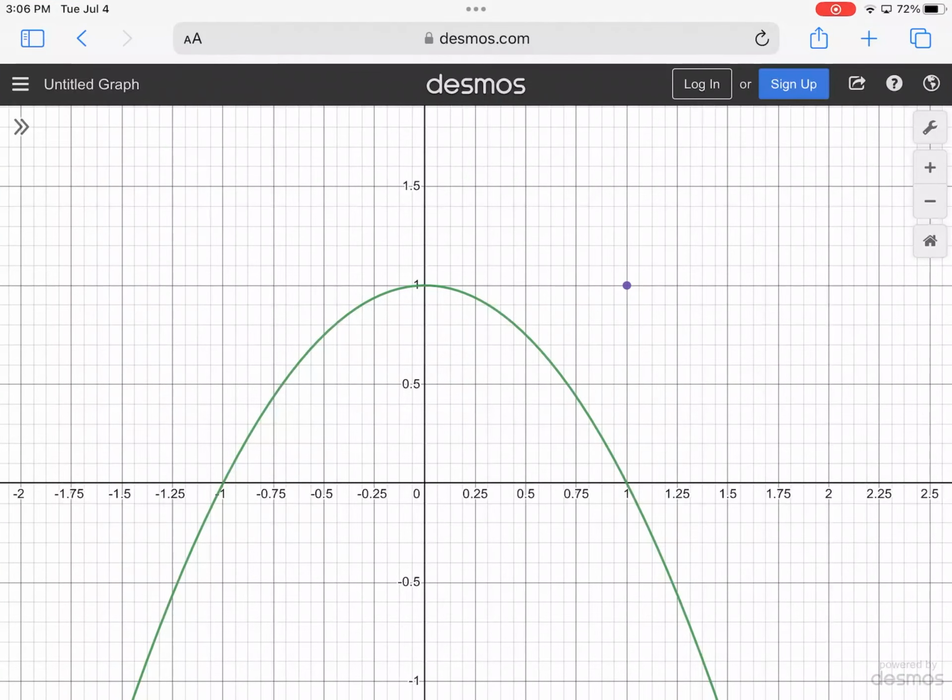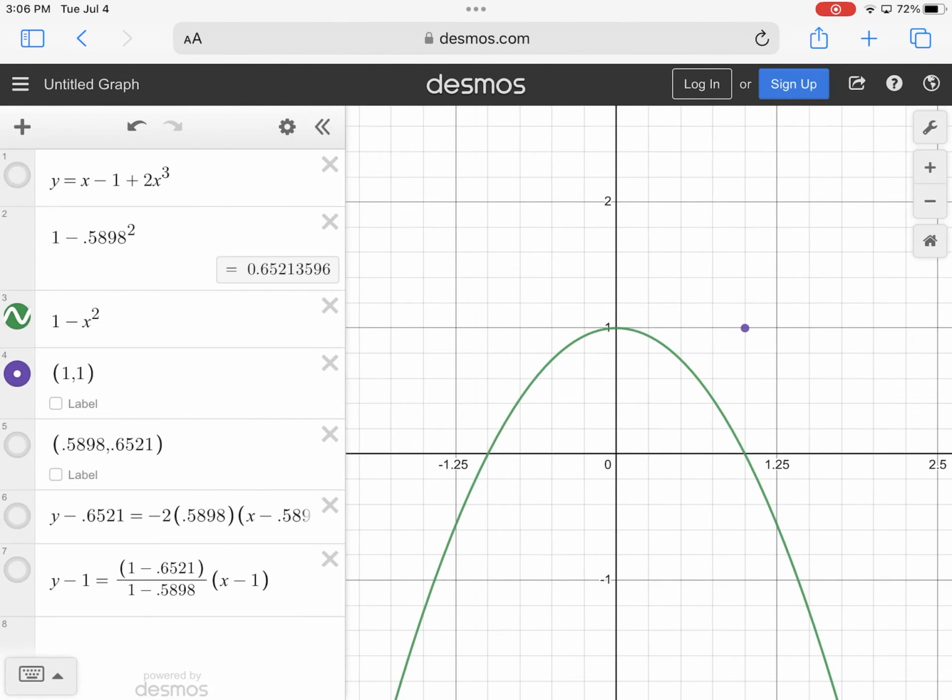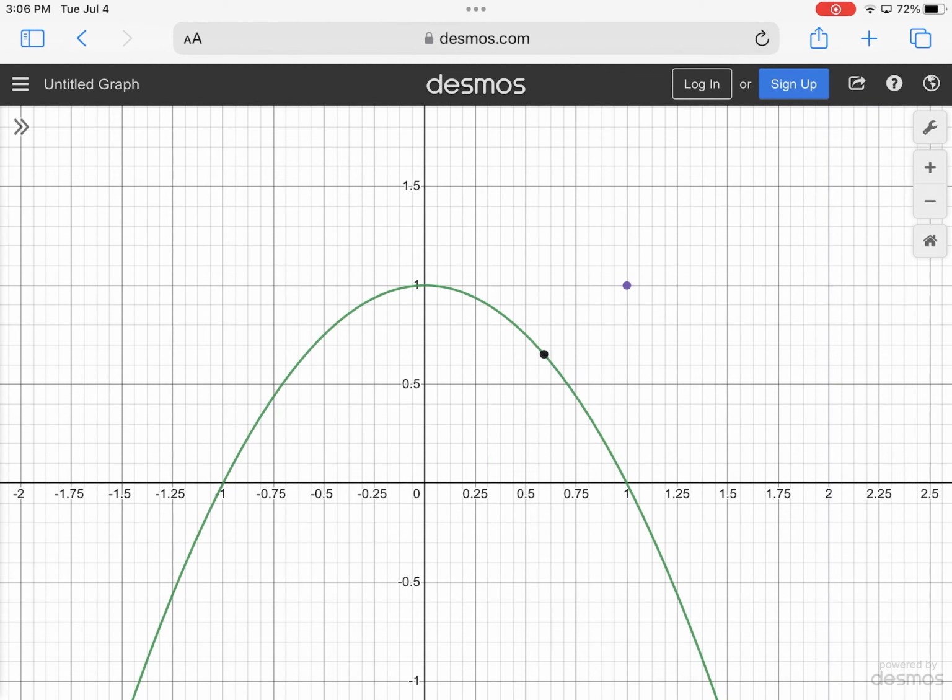Okay, so first, this is the actual function in green, 1 minus x squared, and there's the point (1, 1). And so what we want to know is where along here is this the closest. Now, notice if I type in this point right there, it does appear that there aren't any points closer than this, right? Right there, that's the point that we found.